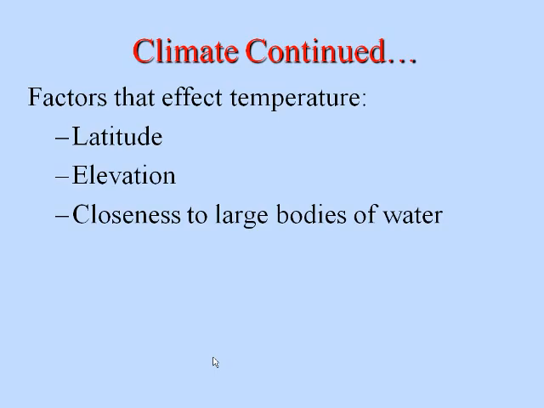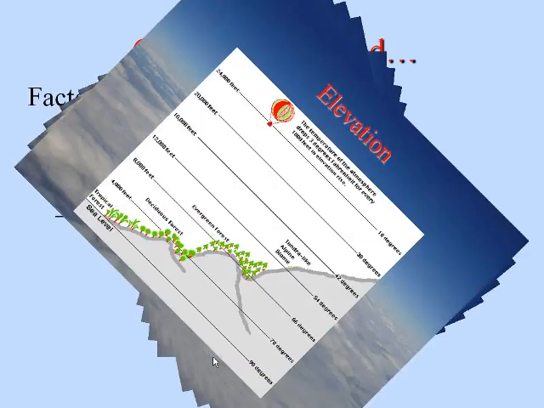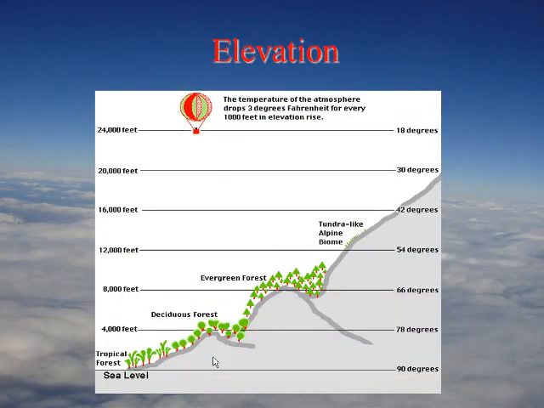And then it's the closeness to large bodies of water. Water, again, acts as that heat source. You have that high carrying capacity for water. So the closer you are to a large body of water, the less you see in temperature changes in temperature range, right? If it's super hot out, you want to go down to the beach, because not only can you get in the water to cool off, but it's not quite as hot at the beach because that water is acting as that heat sink. Okay.